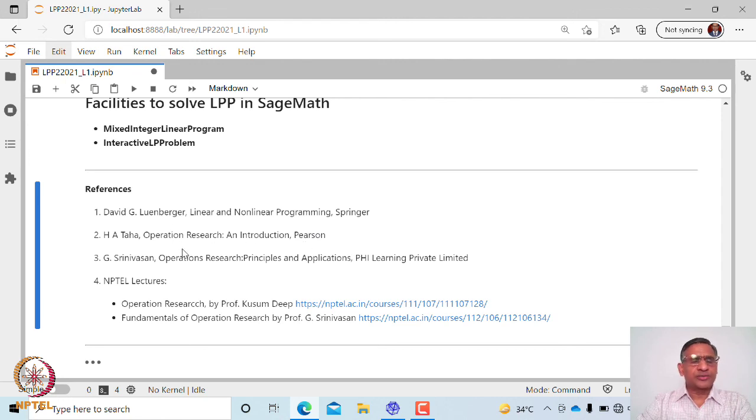Actually, these linear programming problems are studied in a branch called operations research. That is a very important branch of mathematics where we study these problems. You can also look at another book, Operations Research: Principles and Applications by G. Srinivasan from IIT Madras, published by Prentice Hall of India Learning Private Limited.